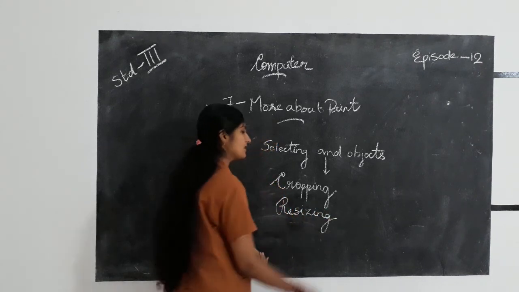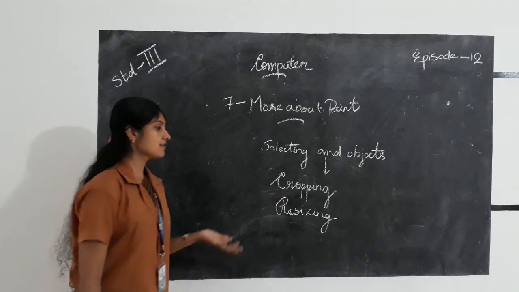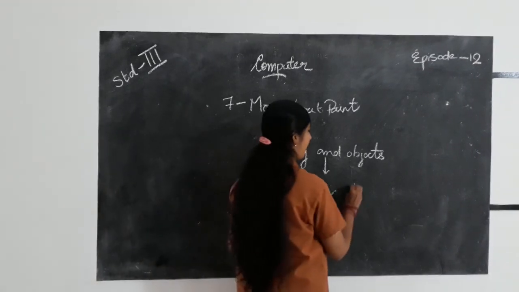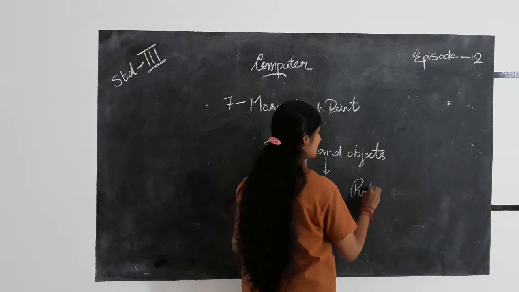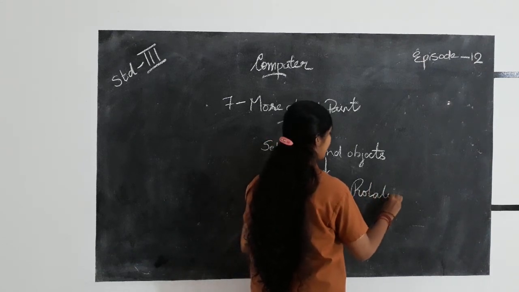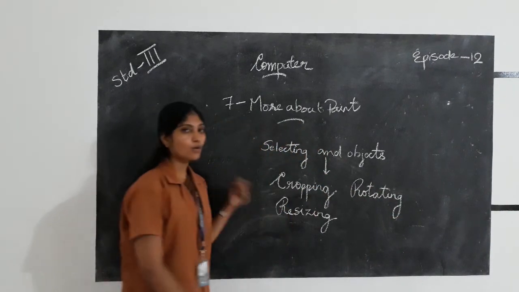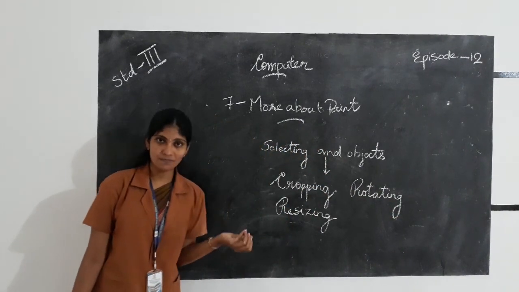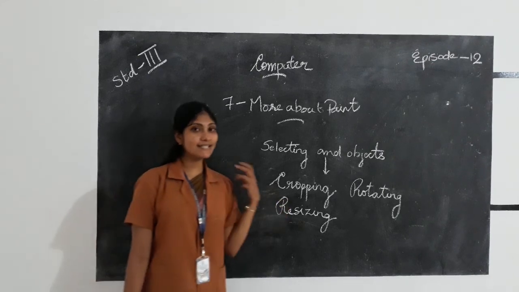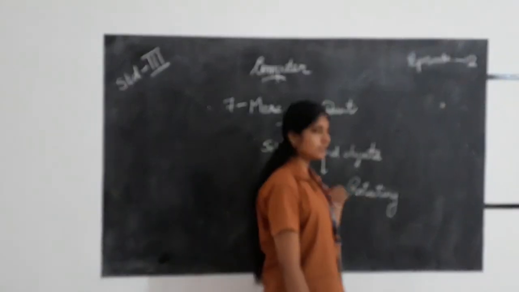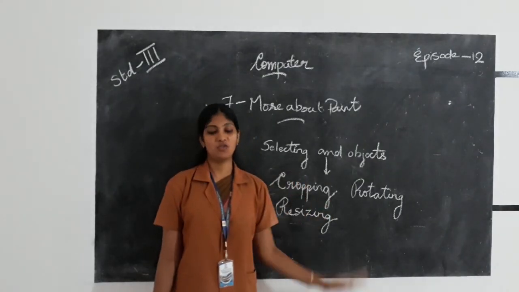We can resize the object, rotate the object, R-O-T-A-T-I-N-G. So we can crop the picture, resize the picture, rotate the picture. These are some of the parts of editing objects or editing a picture.